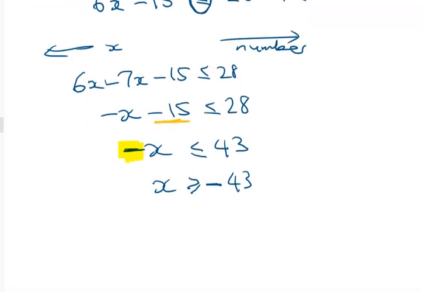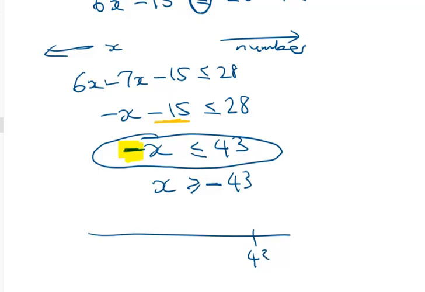Let's just think about what's going on the number line here. So here's 43 on my number line, and we've got negative x is less than or equal to 43. So we want the negative of the number to be lower than that. So let's think for a minute. If I pick 1, is that going to work? Well, yes, it is, because negative of 1 is less than 43. What about if I pick 45?